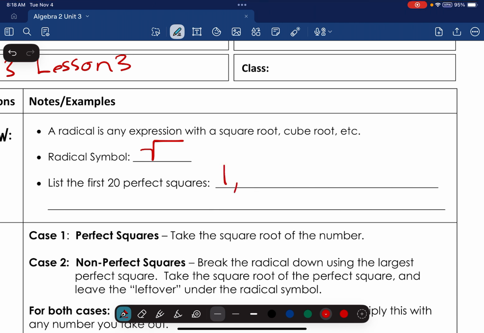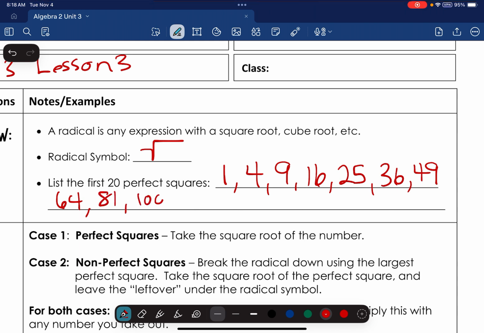That's our first perfect square. 2 times 2 is 4. 3 times 3 is 9. 4 times 4 is 16. 5 times 5, 25. 6 times 6 is 36. 7 squared is 49. 8 squared is 64. 9 squared is 81, 10 squared is 100, 11 squared, 121, 12 squared is 144, 13 squared is 169, 14 squared is 196, 15 squared is 225.